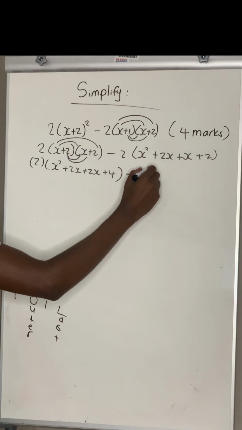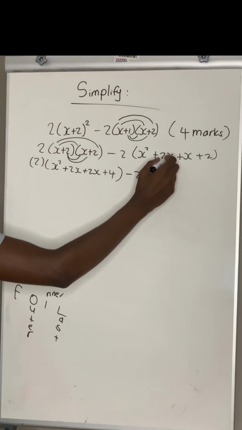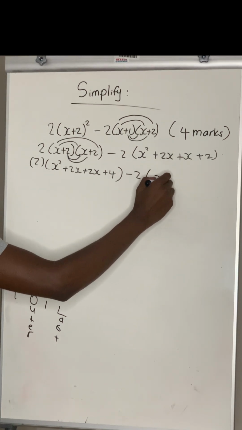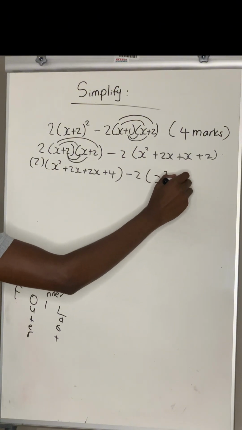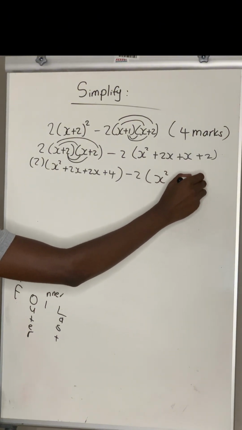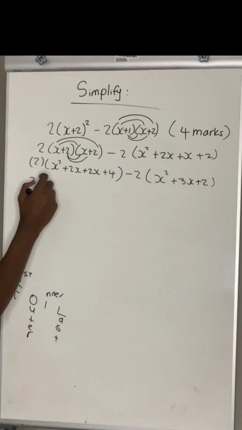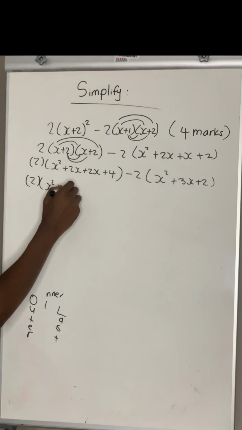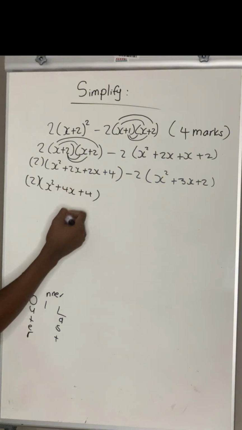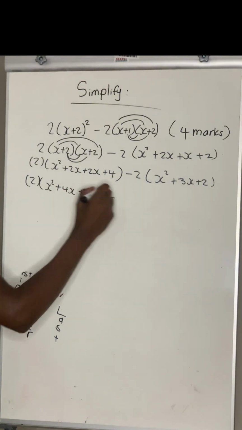Minus 2 into, they are like terms, 2x plus x, so it's x squared plus 3x plus 2, okay? On this side, they are also like terms, it's x squared plus 4x plus 4 minus.